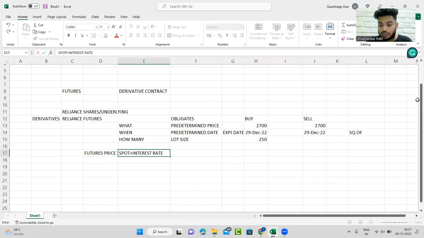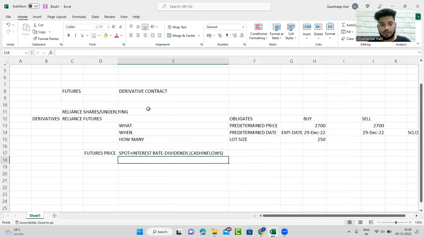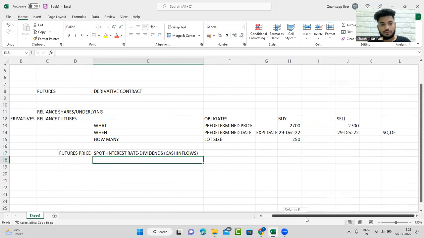You need to add that to the spot price and minus any inflows that are happening in the stock, any dividends, any cash inflows. Majorly it would be in the form of dividends, but this is how the formula for futures will look like. So if you ever wonder how to calculate the pricing formula for futures, you should simply refer to this: spot plus interest rate minus the dividends and you will get the futures price.